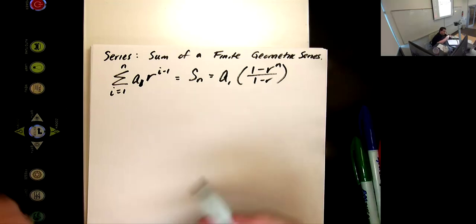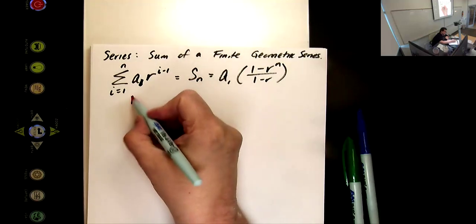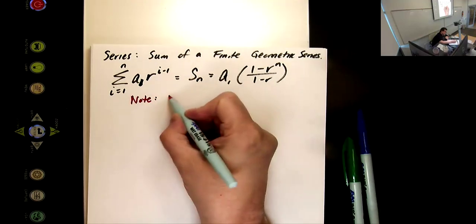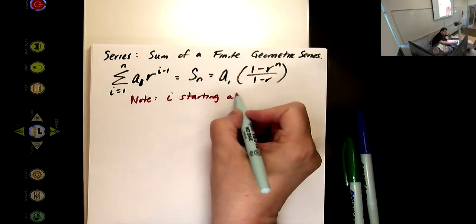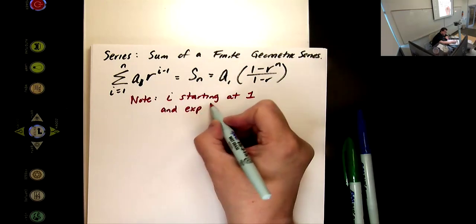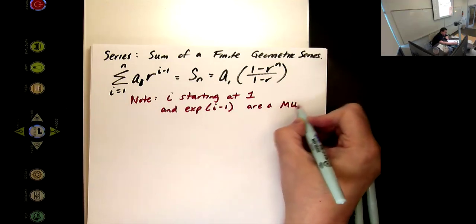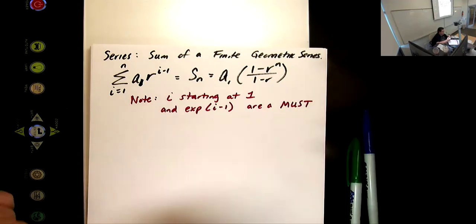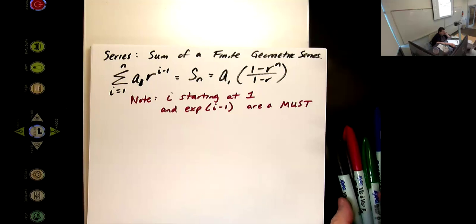But it's important, note. This is related to something Davis asked the other day. i starts at 1. And the exponent of i minus 1 are a must. They have to be this way. You asked the other day if we could start with i equals 0 or i equals 3, and we showed that it changed if you did.